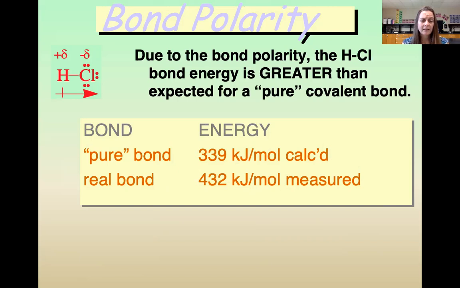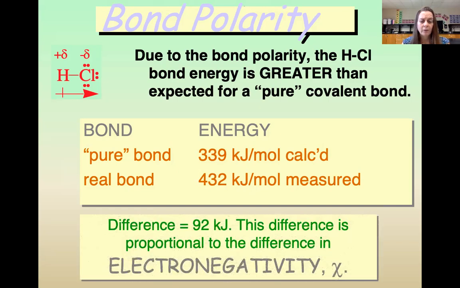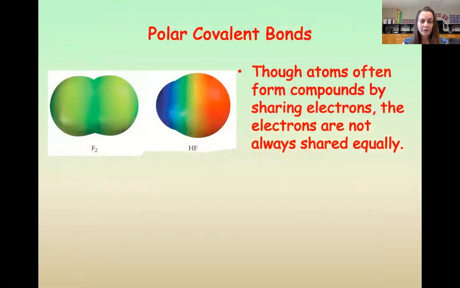But in fact, this bond releases 432 kilojoules per mole. So that difference is proportional to the difference in electronegativity. The bigger the difference in electronegativity, the more polar the bond. And the more polar the bond, the stronger the bond. Which brings us to ionic compounds, and we'll come back to that thought.